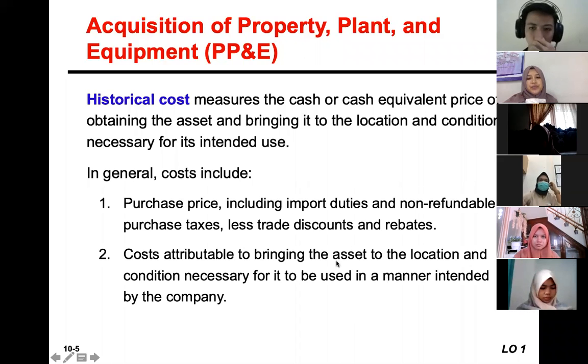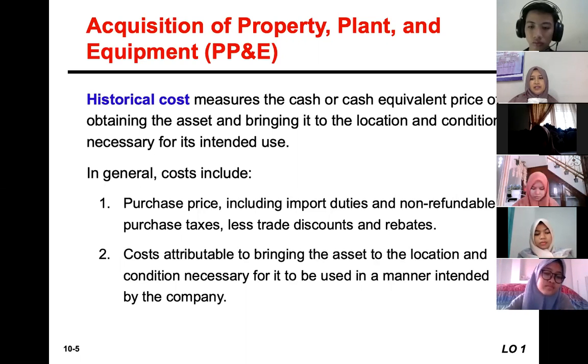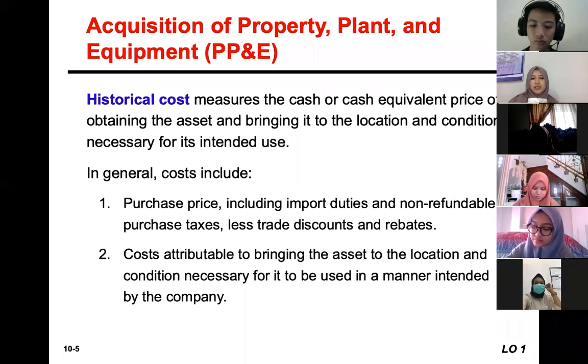For number 2, let's say the company purchased equipment, machinery, and then it needs somebody to install that equipment in the company. So that installation cost is also considered as the cost of that machinery. So it's not only the purchase price. And then we need the cost to train the people to use that machinery.